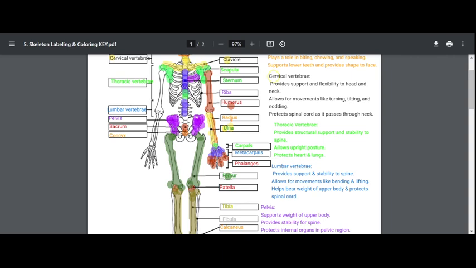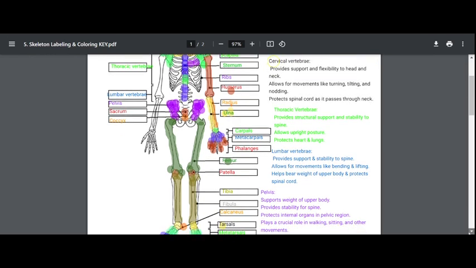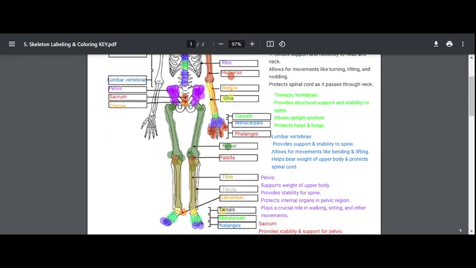And the function of the pelvis is to support weight of upper body, provide stability for spine, protects internal organs in pelvic region, plays a crucial role in walking, sitting, and other movements. Again, we have the pelvis in purple.